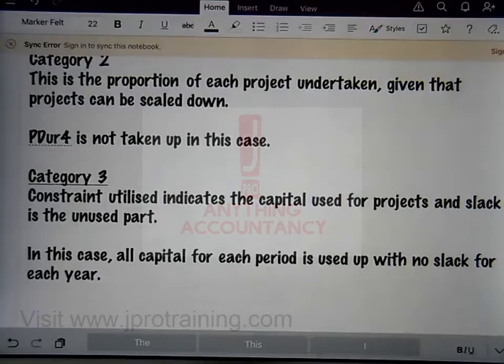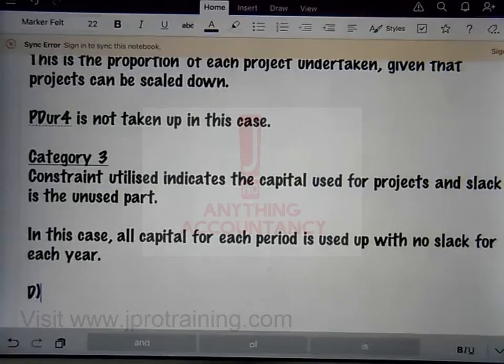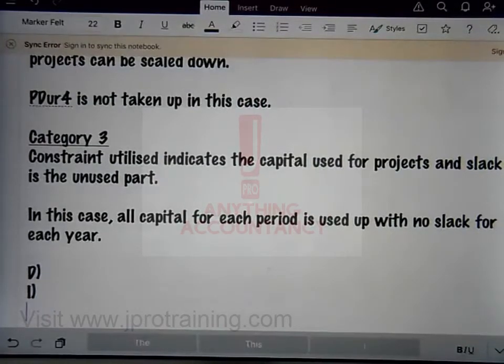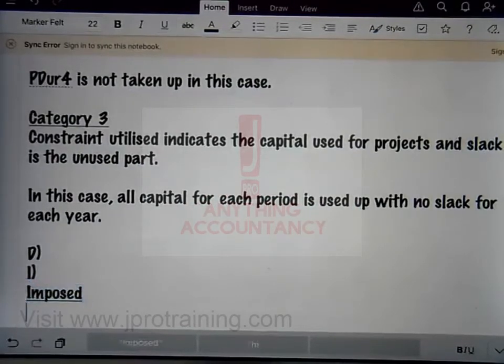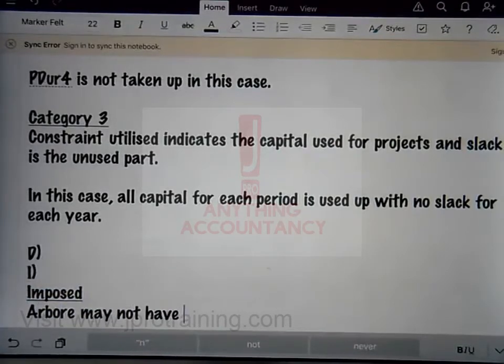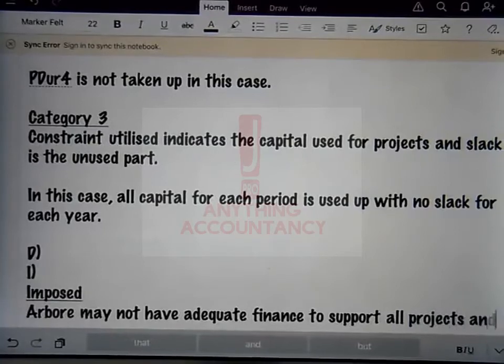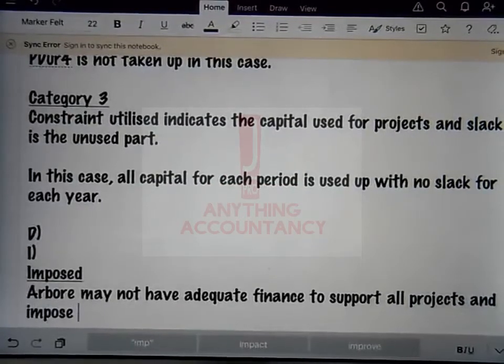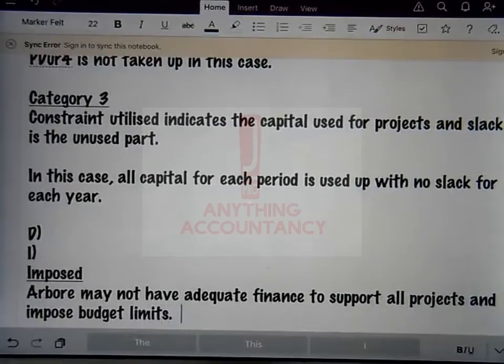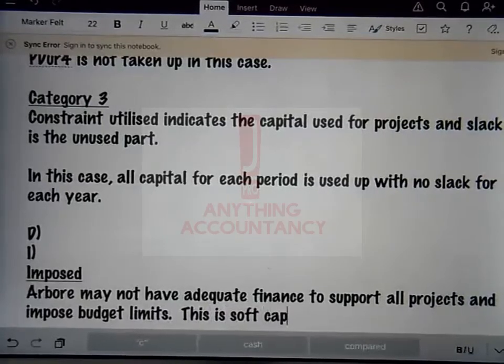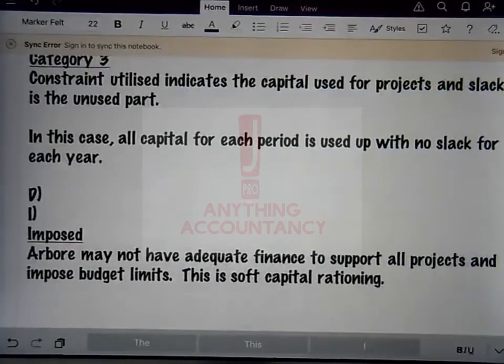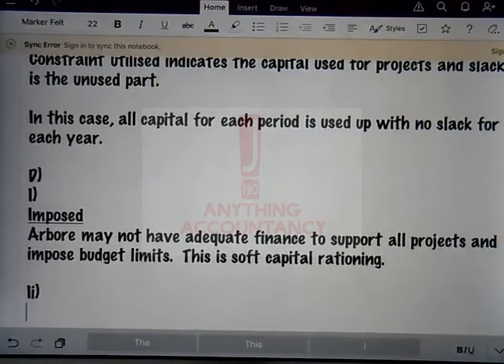Next one, I ask you to explain why Arbore might impose capital rationing on this department. This is part D1. Okay, done. Two, what is a CIMS?